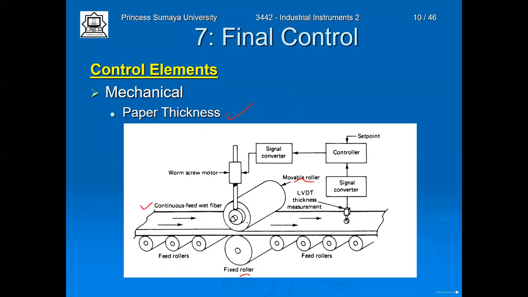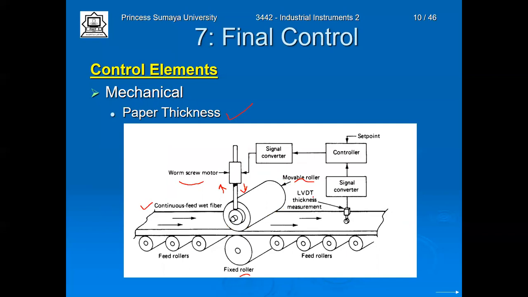The worm screw motor applies force to the movable roller to force it down to decrease the thickness, or reduces the force to move it up and increase the thickness. If the force goes down, we decrease the thickness. If the force goes up, the thickness will be increased.